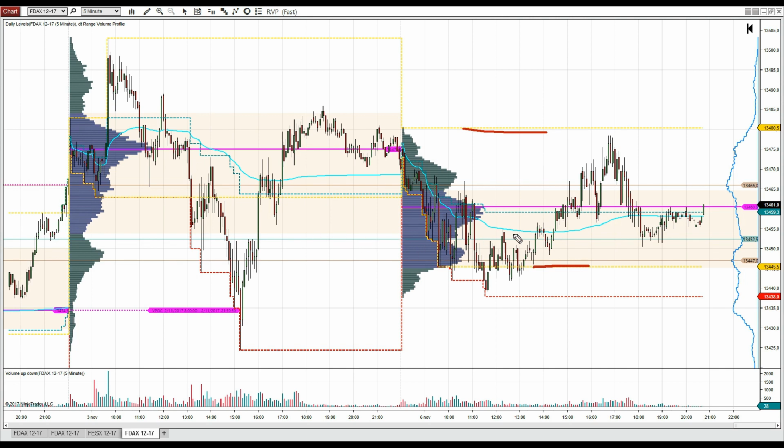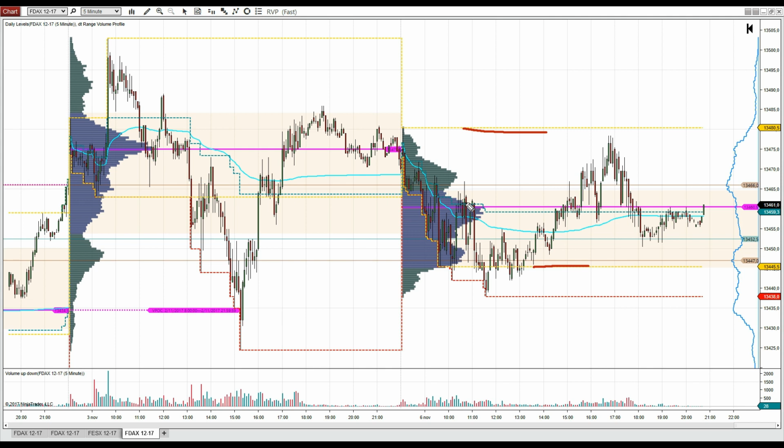A natural target becomes then this low volume node. We indeed find some support there, but that cannot break over this high volume node on the composite profile, and we have difficulty finding decent volume above the midline, which is this teal colored line.